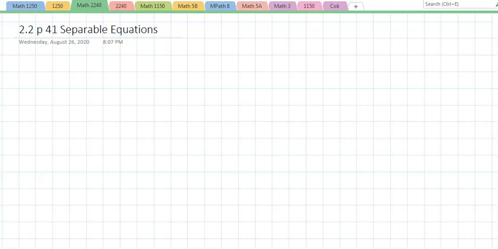2.2 on page 41 talks about separable equations, and what separable equations are is pretty much the calculus that you learned in your 1150 class or second semester calculus.